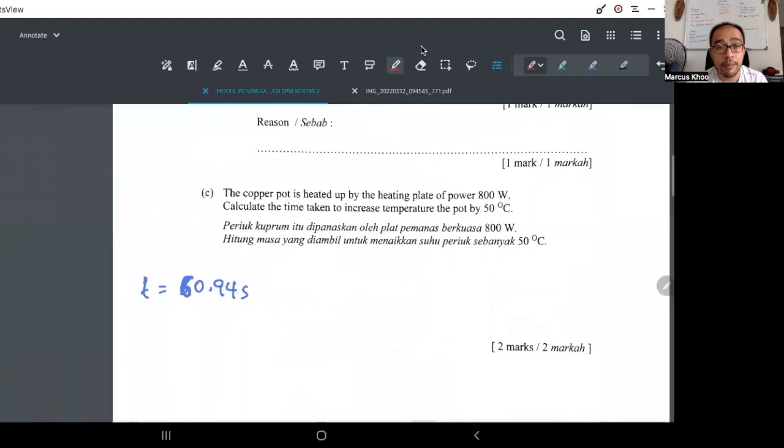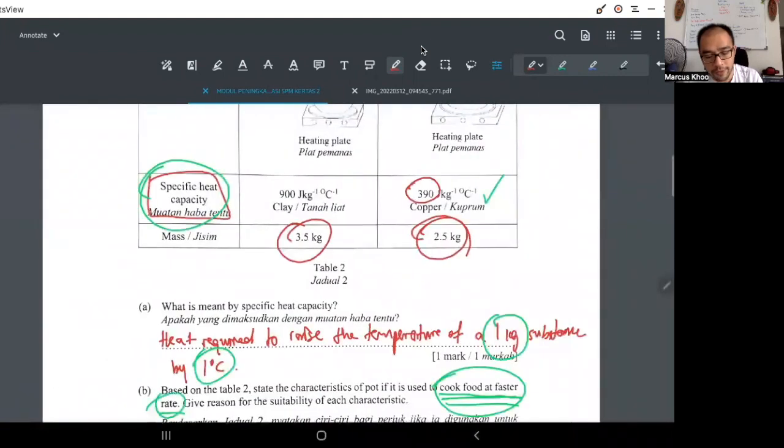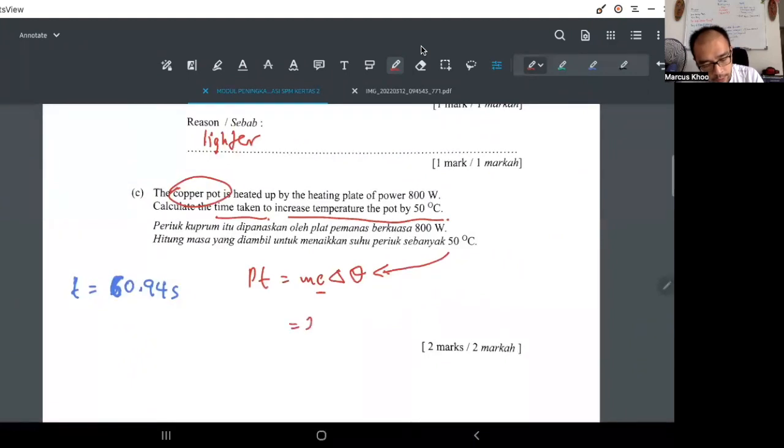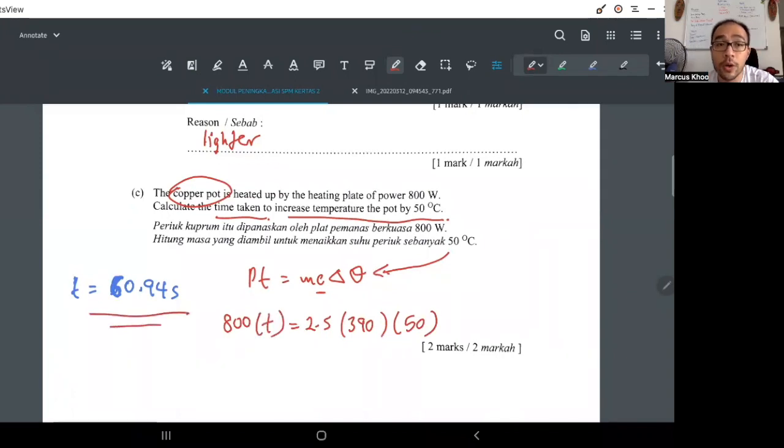The mass is 2.5 kg. Everything is given in the question. So 2.5 times 390 times 50 degrees Celsius, and the power is 800 times the time. So you get the time equals 60.94 seconds.